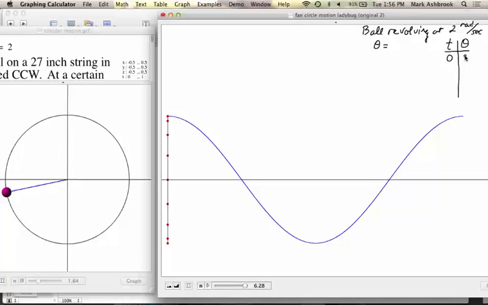How much angle measure has been swept out? 0. Okay? After 1 second, if the ball is revolving at 2 radians per second, then 2 radians of angle measure have been swept out. Okay? How about 2 seconds? How about 5?